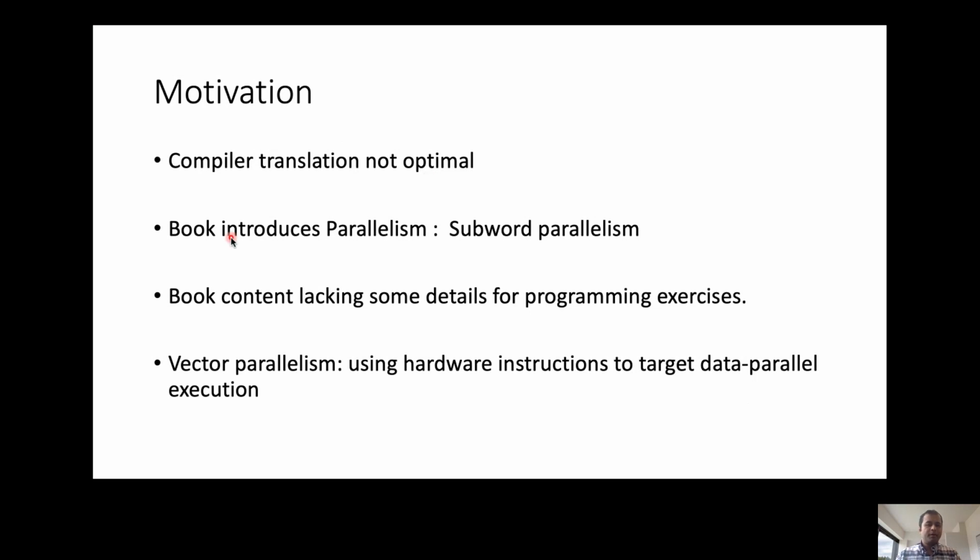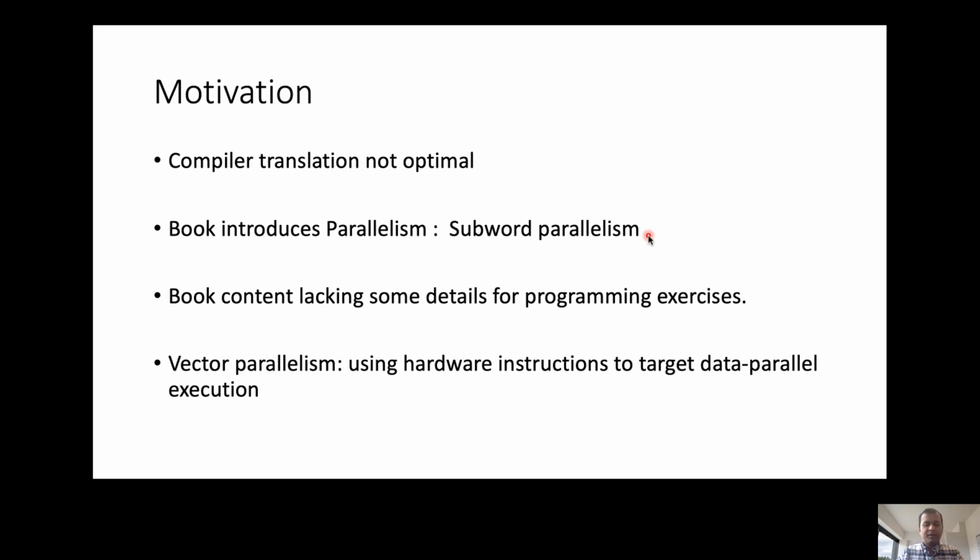Now, my lecture is motivated basically from reading the Computer Organization and Design book by David Patterson and Hennessy. In one of the chapters, they mention this parallelism as subword parallelism. So what is parallelism?